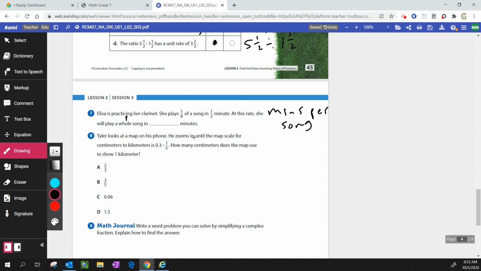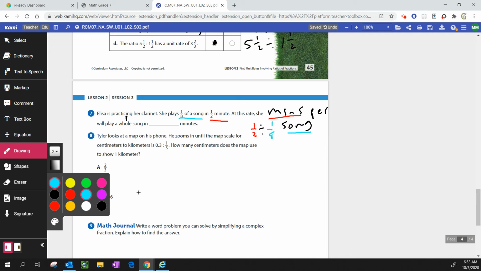Now, this one would be a really easy one to have made a table for. So if you made a table to find this, that's a super great solution. But I want to show it to you in dividing too if you want. So minutes, here's my minutes number. Song, here's my song number. And so I'm going to do 1/2 divided by 1/8.